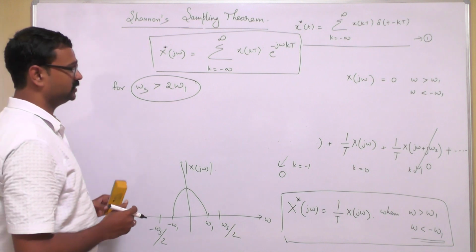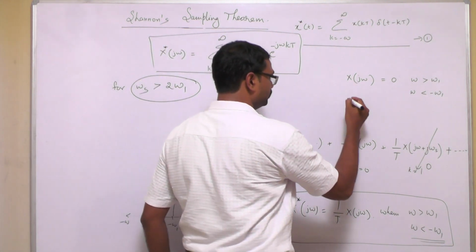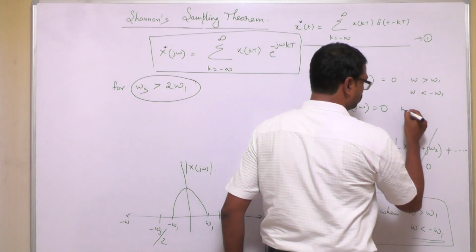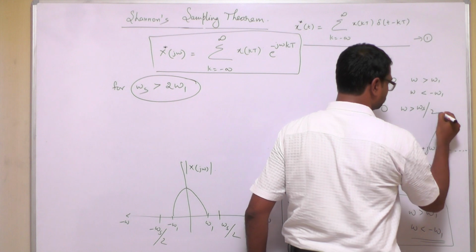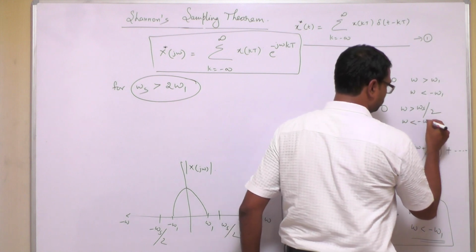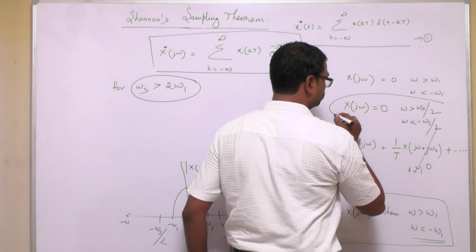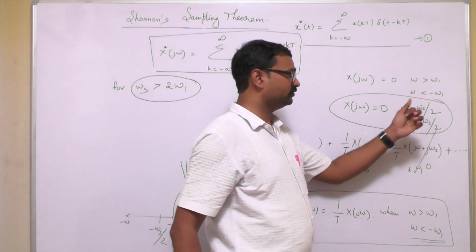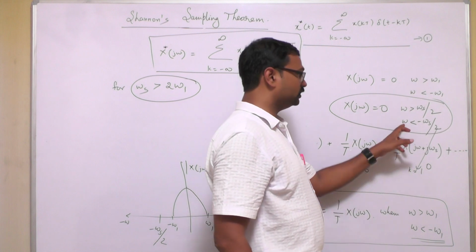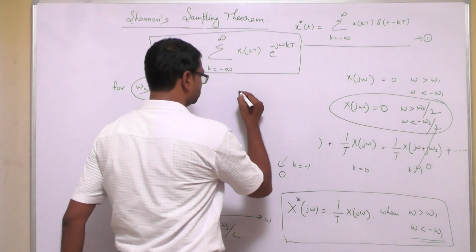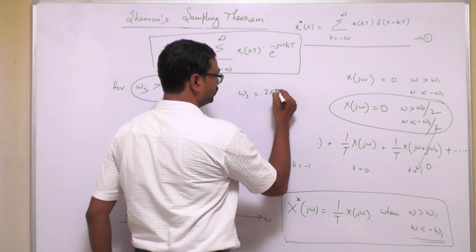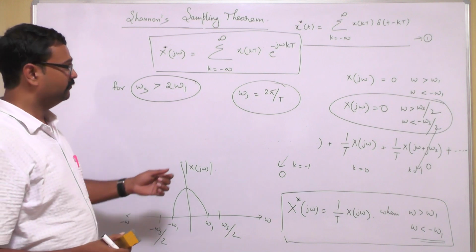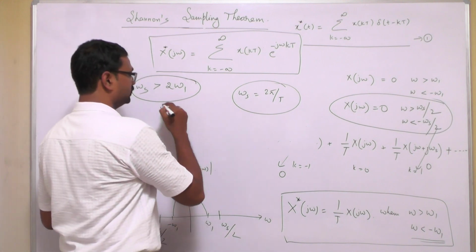Now without any loss of generality, you can also say that x of j omega is equal to 0 when omega is greater than omega s by 2 and omega less than minus omega s by 2. We are considering half of the sampling frequency on both sides, so that we know the value of omega s here, which is 2 pi by T. And the highest frequency component omega 1, we are considering omega s greater than 2 omega 1.